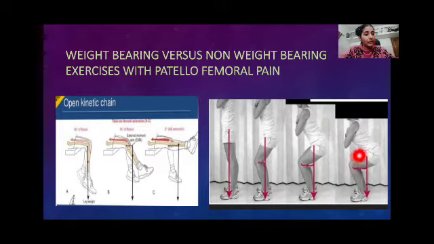The torque acting is clockwise, so to counterbalance this torque, the quadriceps has to produce an extensor torque, a counteracting torque, and this has to increase. So as there is more and more knee flexion in a closed chain, the quadriceps activity increases, while in open chain, as there is more and more knee extension, the quadriceps activity increases.